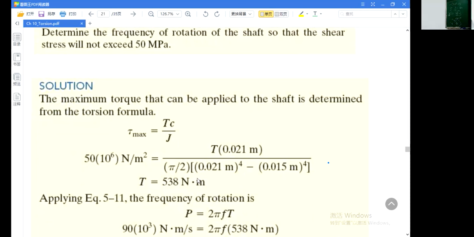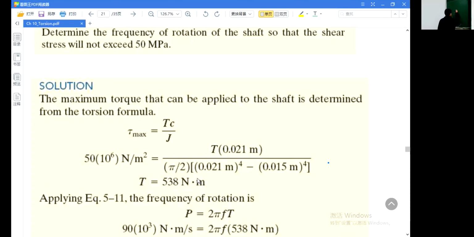Why do we use outer c? Because tau max happens on the surface of the shaft. You forgot it. Where is the tau max for a shaft?